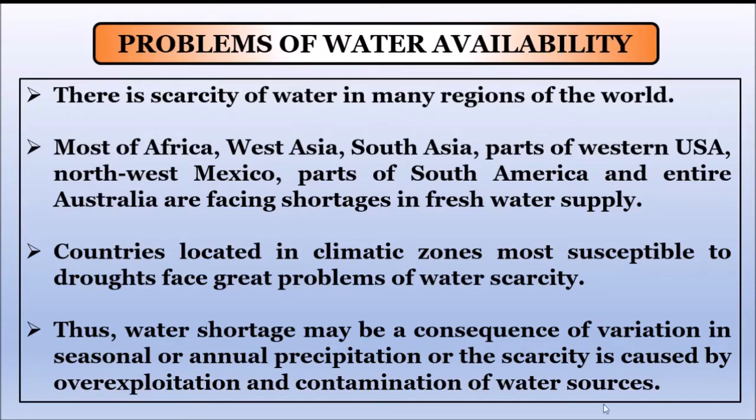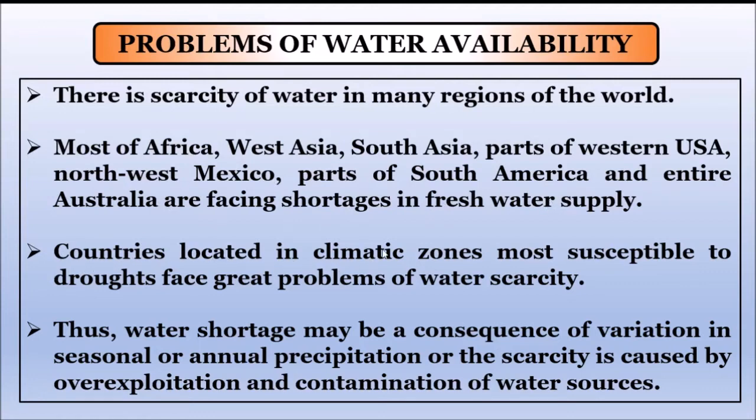Next comes the problems of water availability. There is scarcity of water in many regions of the world. Most of Africa, West Asia, South Asia, parts of Western USA, Northwest Mexico, parts of South America and entire Australia are facing shortages in fresh water supply.